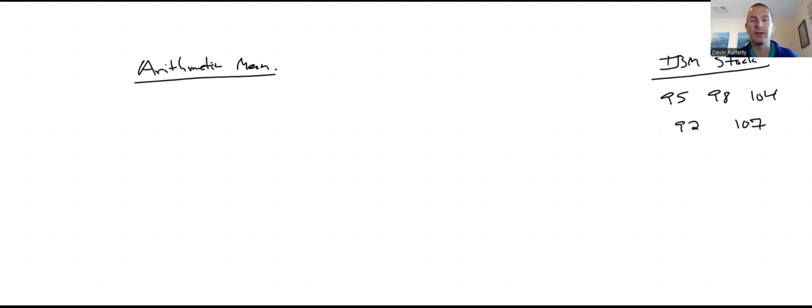So if we could calculate the arithmetic mean of last week's IBM stock price, then we would have the true actual value of IBM stock price last week. Okay. So let's calculate this arithmetic mean. Remember, there's two types of arithmetic means. There's a population mean and there's a sample mean. Okay.